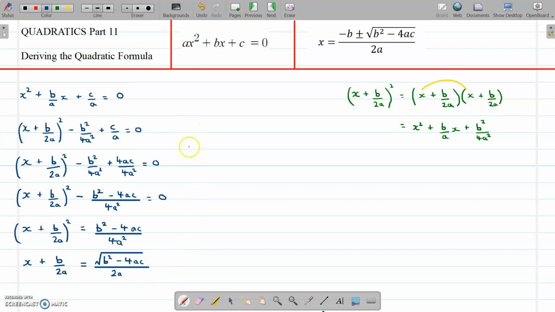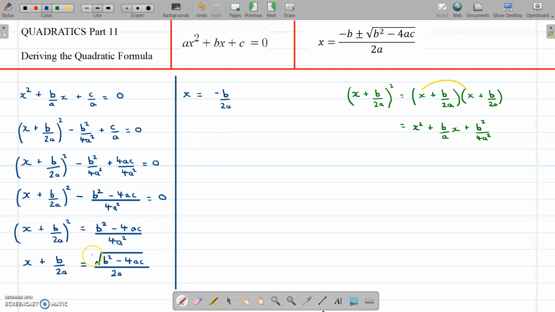Now I'm going to move across to here. I'll put another column divider in here. Okay? And what I'm going to do is move across to here and continue this. So I'm now going to subtract b over 2a from both sides. So I'm now left with x equals minus b over 2a, because I've moved the b over 2a from here to the other side.